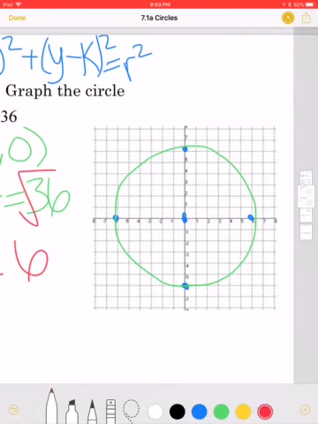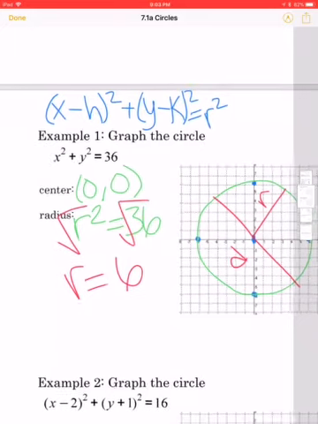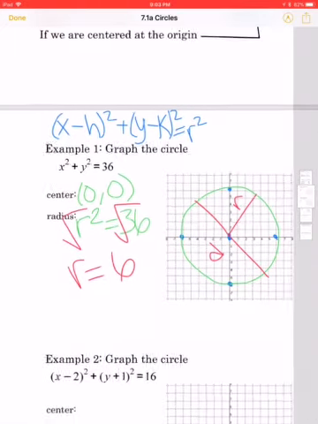So radius again is halfway across, and if you went all the way across the circle, that would be the diameter, which is double the radius. Okay, so we have graphed the circle, the center 0, 0, and a radius of 6.